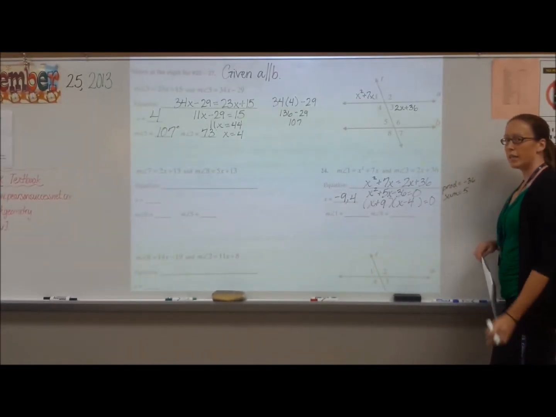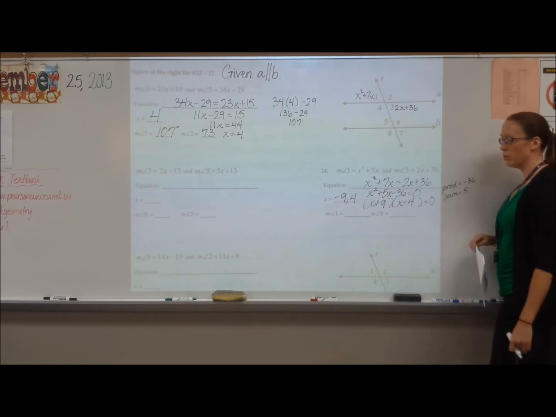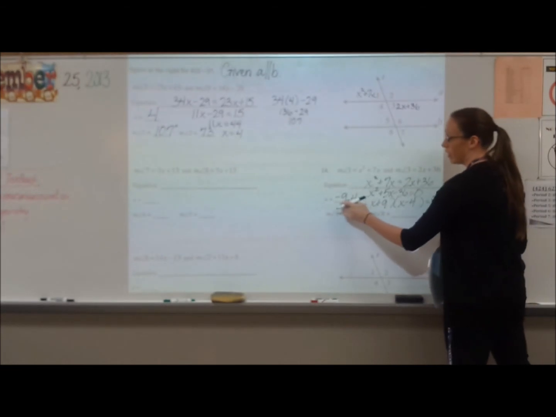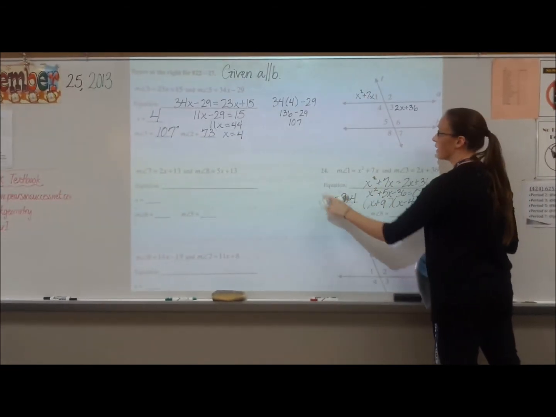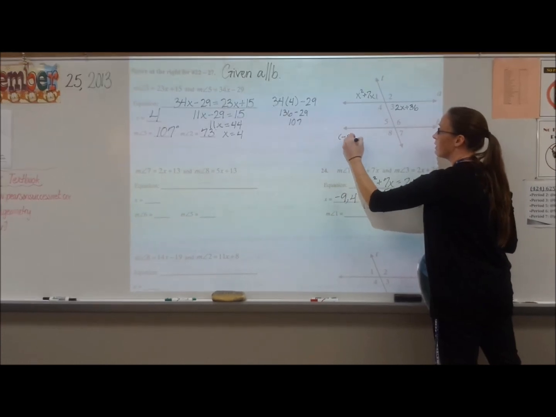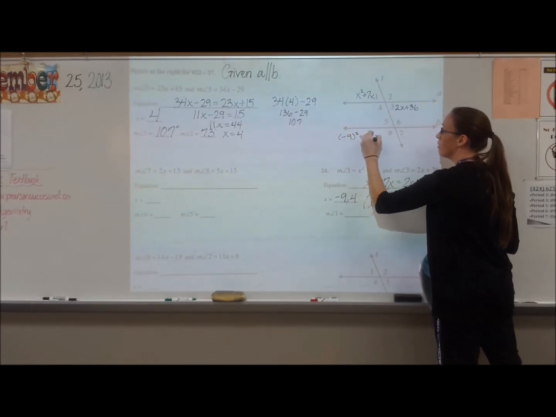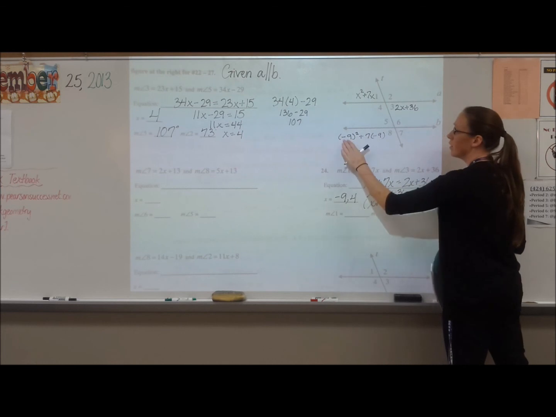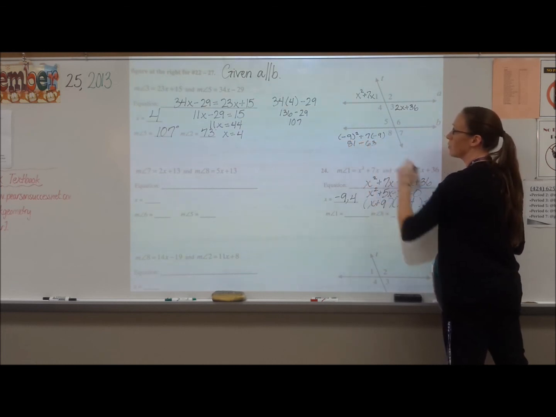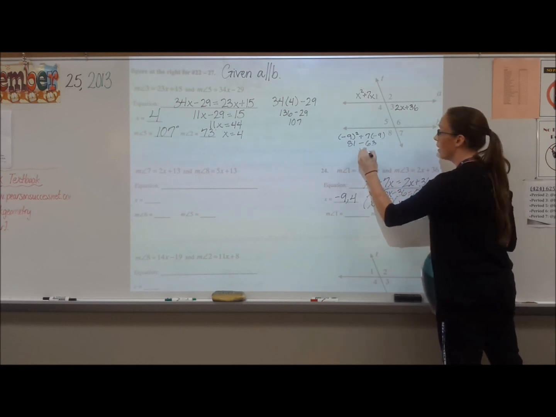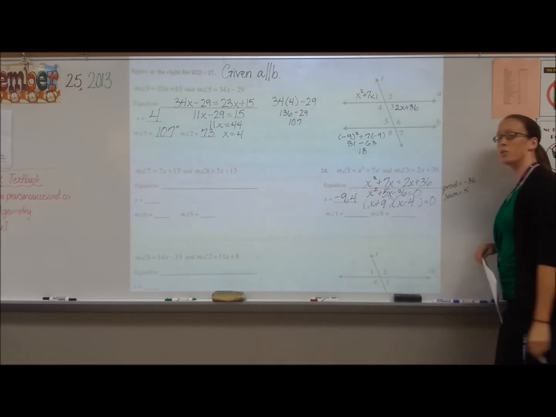Before we decide to just cancel out a solution, we need to figure out if they're reasonable. Take each x value, substitute it back into your expressions. So take that negative 9, quantity squared, plus 7 times negative 9. You've got a positive 81, you've got a negative 63. Guess what? That angle measures a positive 18 degrees.